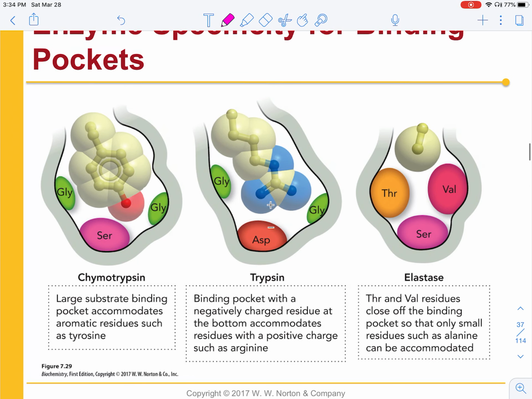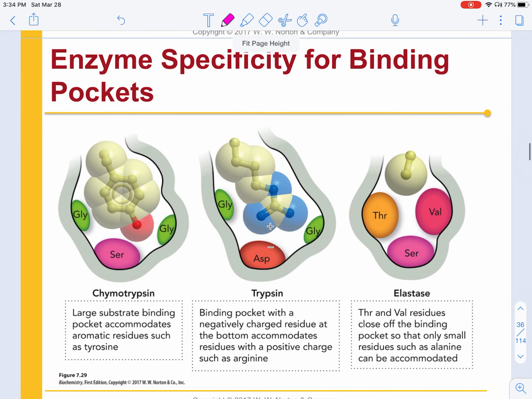I'll just say one more thing, which is that the specificity is determined by that hydrophobic pocket. So in chymotrypsin, it has this pocket that has things that allow for the binding of aromatic rings, tyrosine in this case, phenylalanine, and so forth.